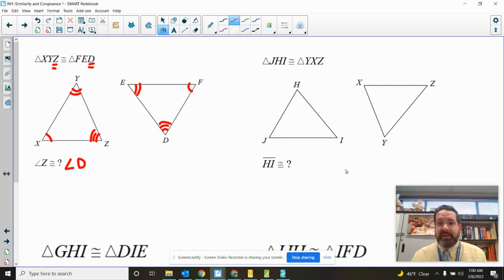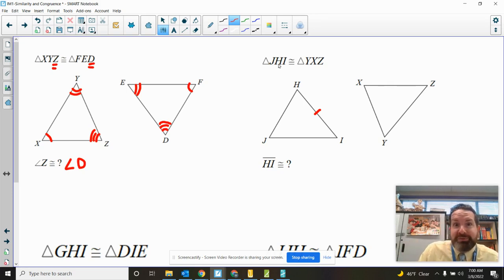The same thing is going to be true when we start to talk about sides. When you see two letters with a line on top, that's referring to a segment, a side of the triangle that goes between those 2 points. So HI is this line segment right there. The question then is, in the other triangle, which corresponding side is congruent to this HI?